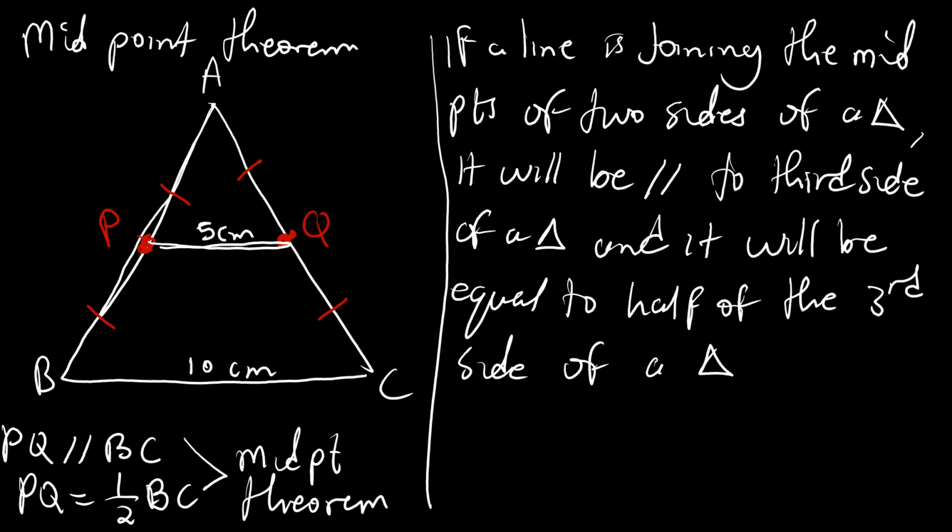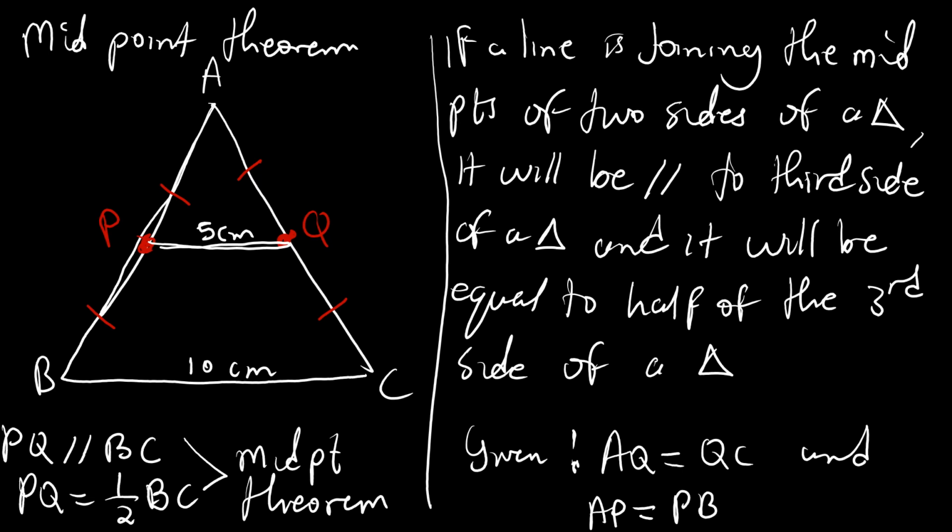We also have to talk about the converse of the midpoint theorem. Let me write the given information so that you can understand. The midpoint theorem applies when we are given that AQ is equal to QC and AP is equal to PB.